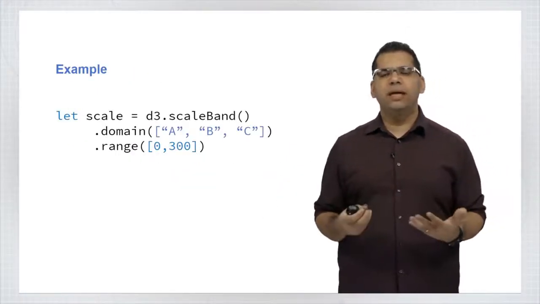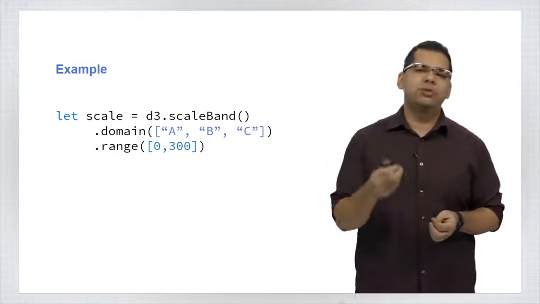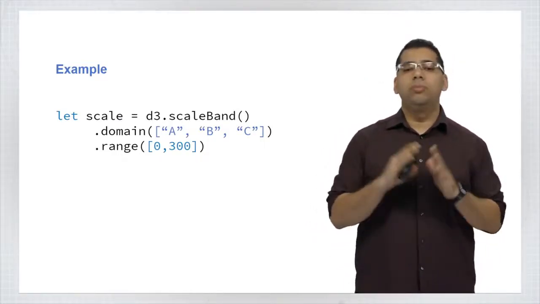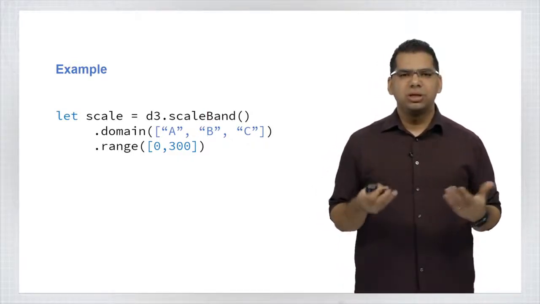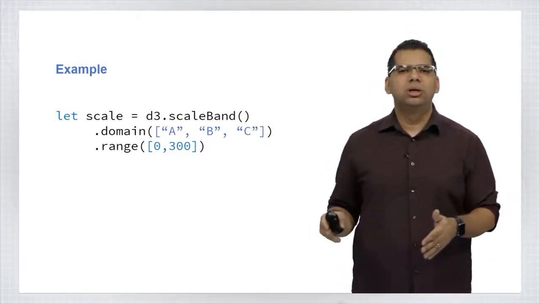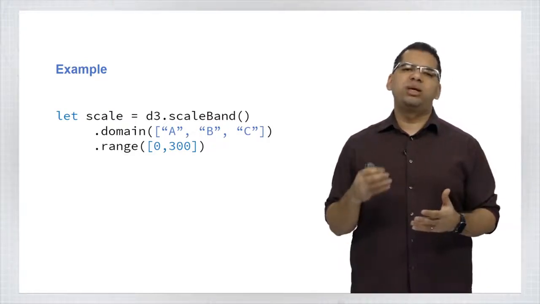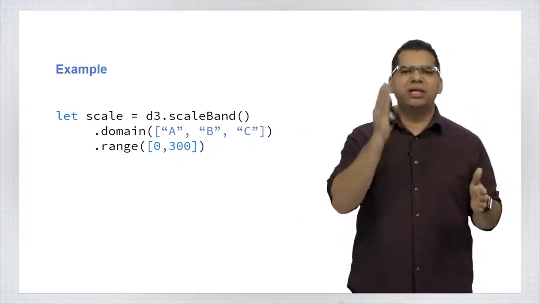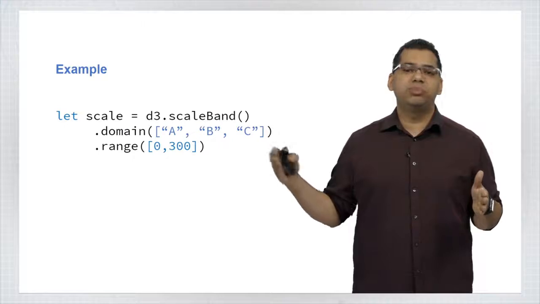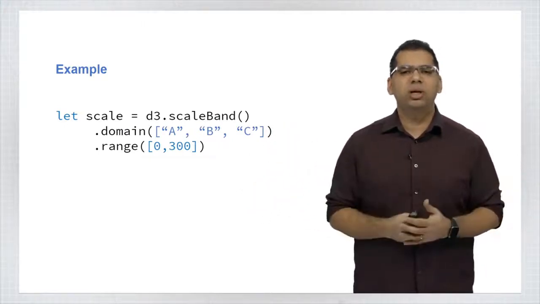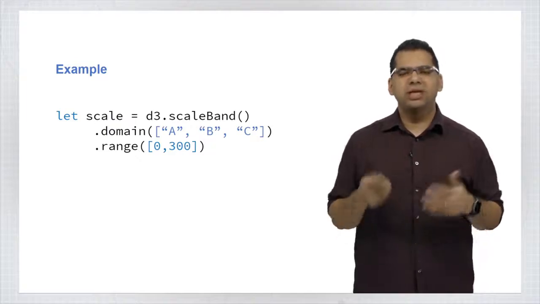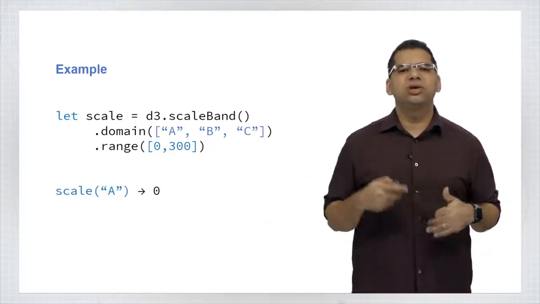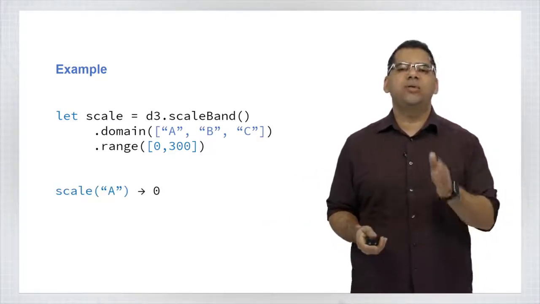So here we have the same example. Note that we have the same domain with scale band, but now we change the range to a number from 0 to 300. What the system is going to do is take this 300 and split it into chunks of 100 pixels each. You basically divide it by 3 because that is the number of elements we have in our domain. Once I have those chunks, if I call this function, what I get is the beginning of the chunk.